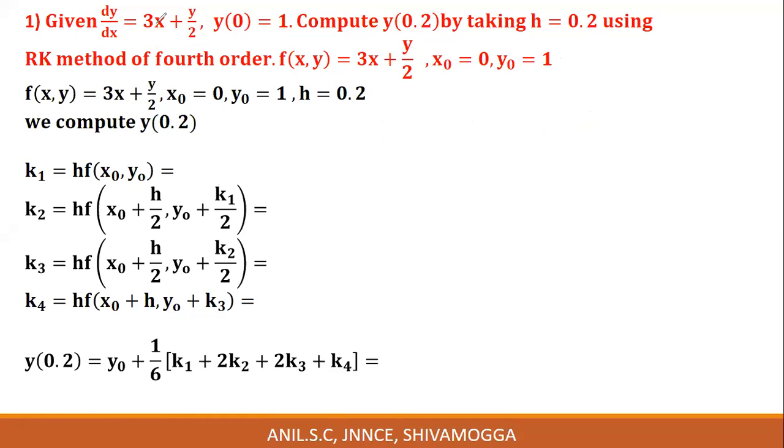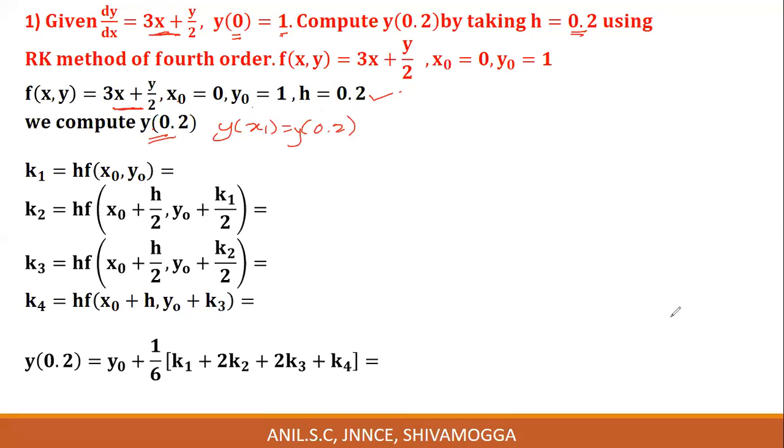It is given that dy by dx is equal to f of x comma y, therefore f of x comma y is 3x plus y by 2. And x0 is equal to 0, y0 is equal to 1, and step size h is equal to 0.2. We compute y of x1, and x1 is x0 plus h, which is 0.2.